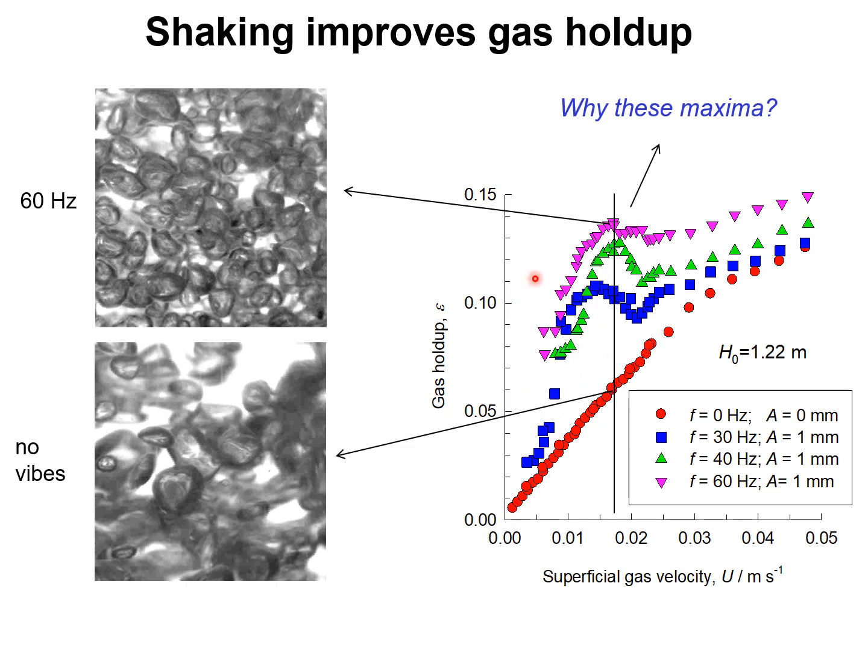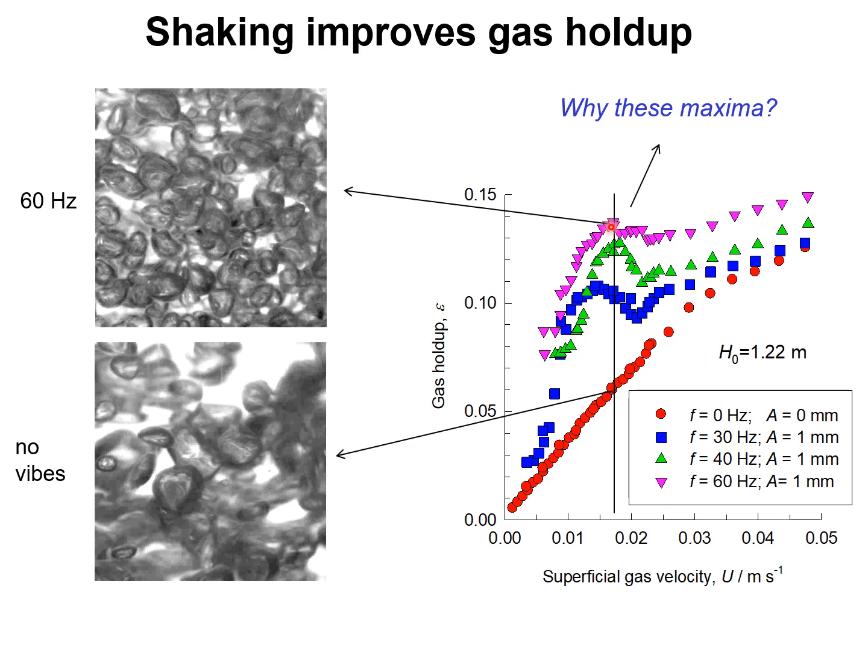But you also note that there are maxima in the gas holdup when operated at the frequencies of 30, 40, and 60. For example, we see at 30 Hertz, there's a maximum in the gas holdup here. The maximum is shifted to a different position at 40 Hertz, and this is the operation at 60 Hertz.